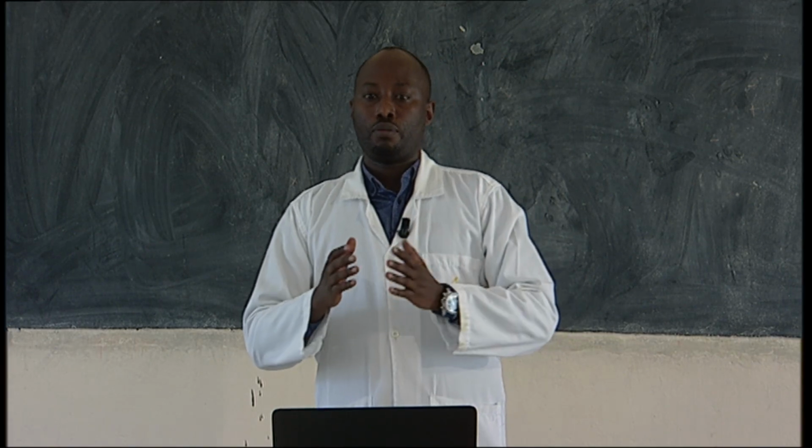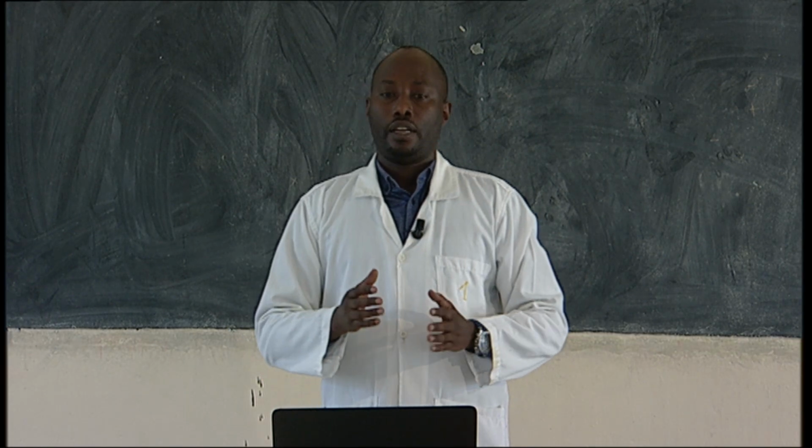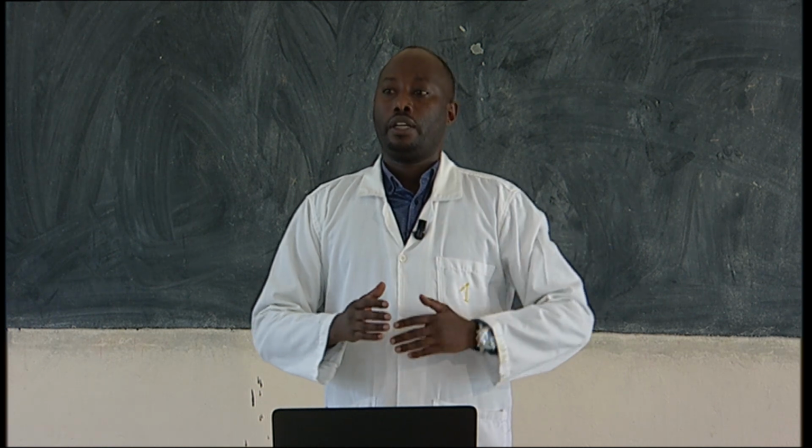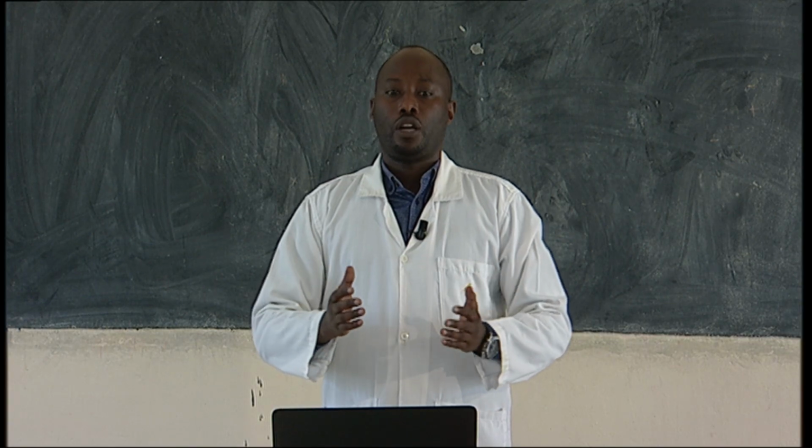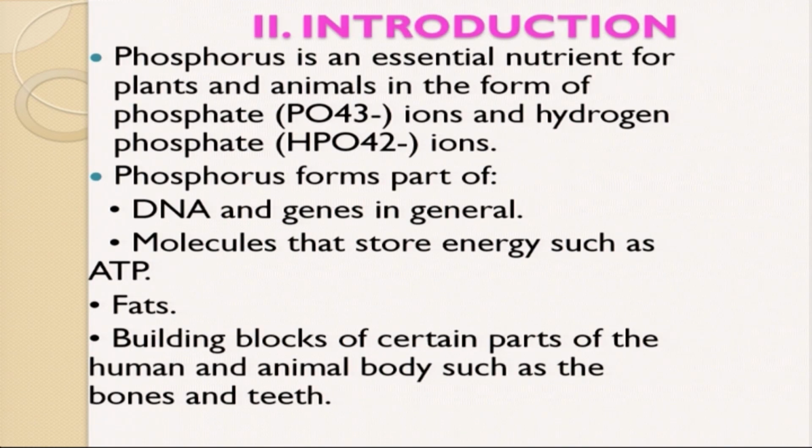And phosphorus forms a part of the DNA and genes, the RNA, the structure of the cell membrane, and also it is a molecule that stores energy in the form of ATP.